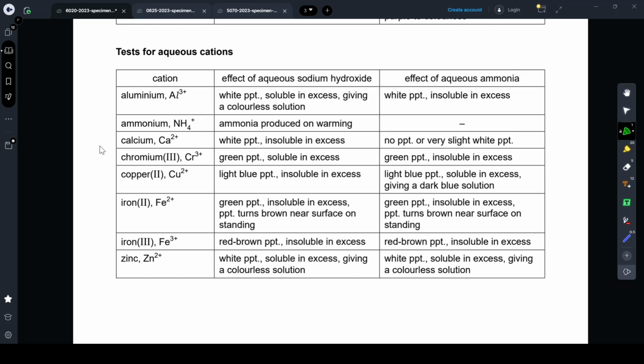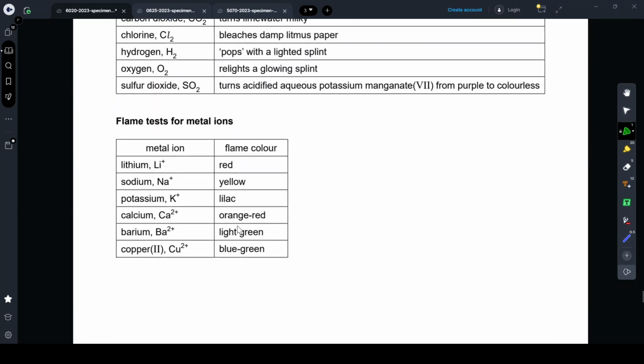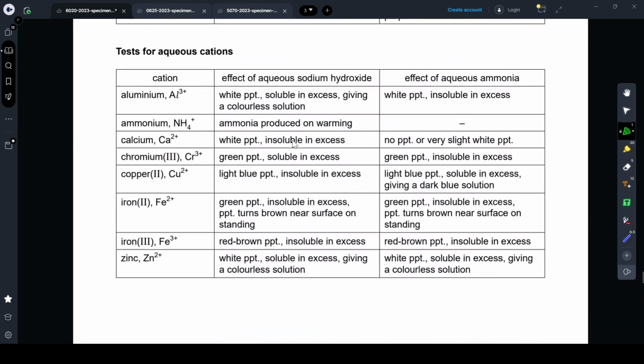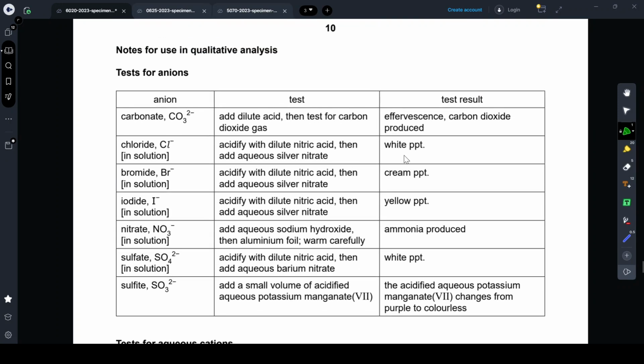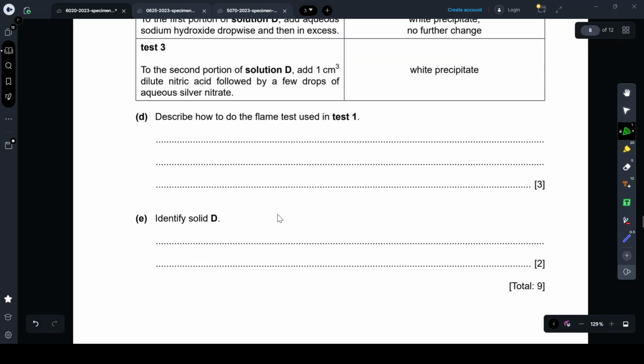Now you'd say you need aqueous ammonia to be sure, but you need to conduct any two tests to support. The flame test clearly says orange-red, so couple that orange-red with this observation, and you get calcium chloride. Then you get a white precipitate with this, and so you have CaCl2.